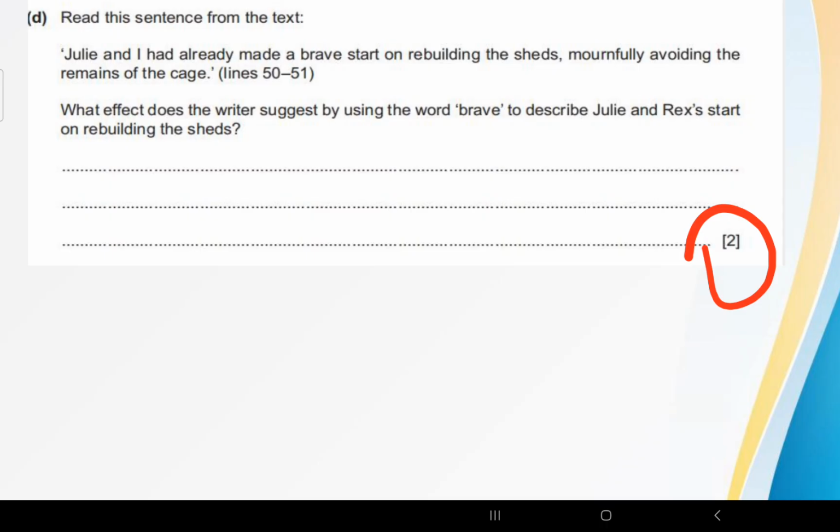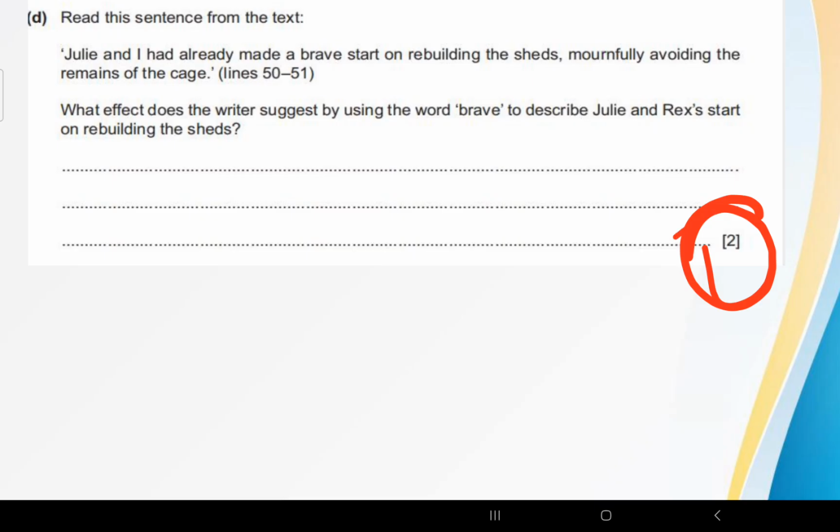What effect does the writer suggest by using the word brave to describe Julie and Rex's start on rebuilding the sheds? Now this is one such question in which there is no mention of two impressions or two effects, but this question has 2 marks. So when you are answering this question, keep the number 2 in your mind.